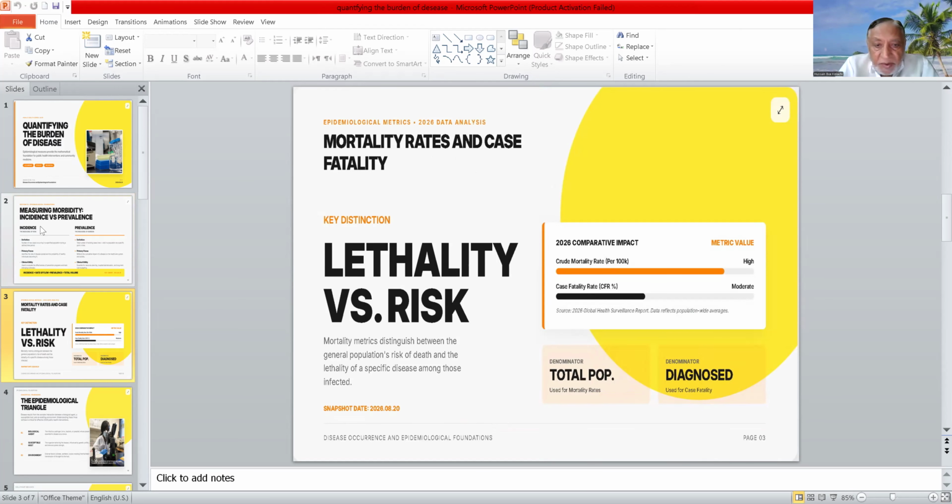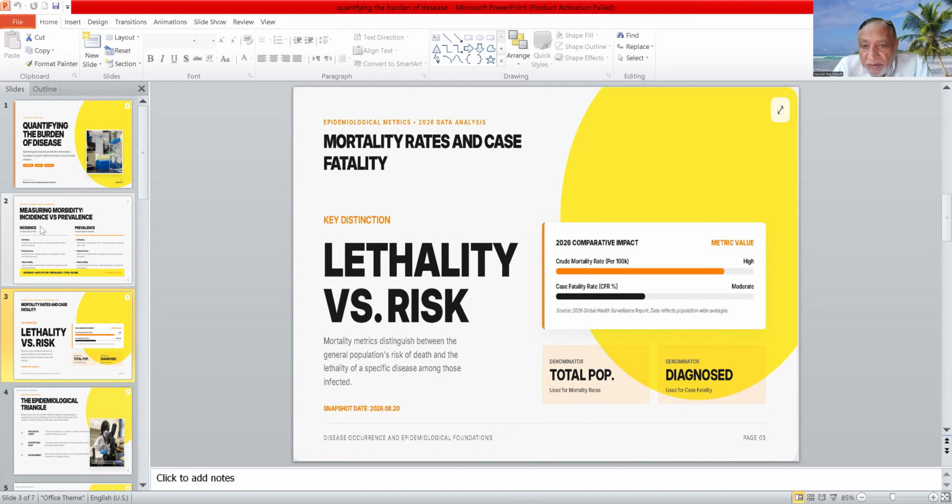Mortality metrics distinguish between the general population's risk of death and the lethality of a specific disease among those who are infected. Or you can see the lethality at the individual level and at the population level. These are the two things.